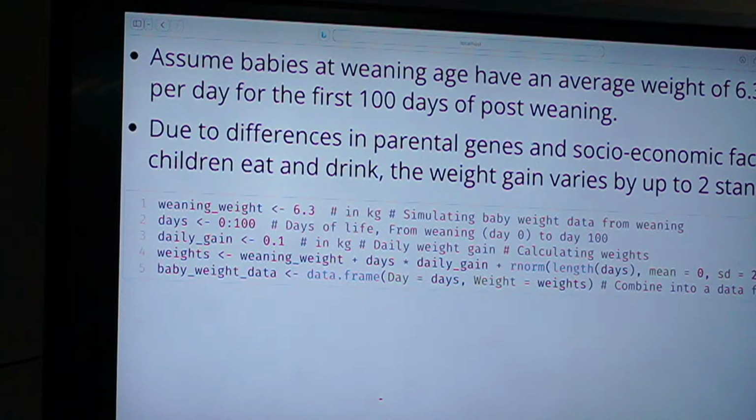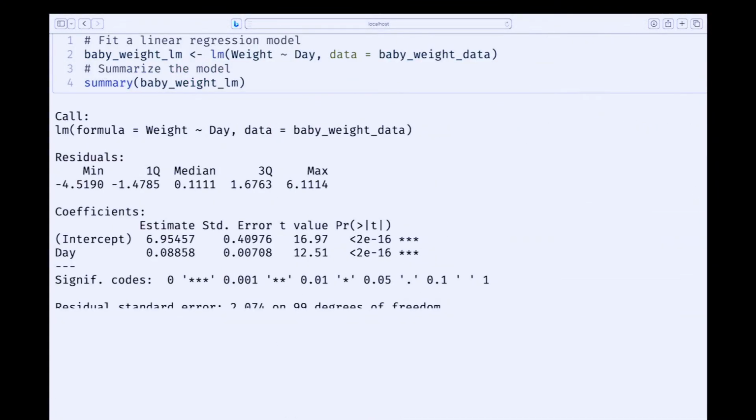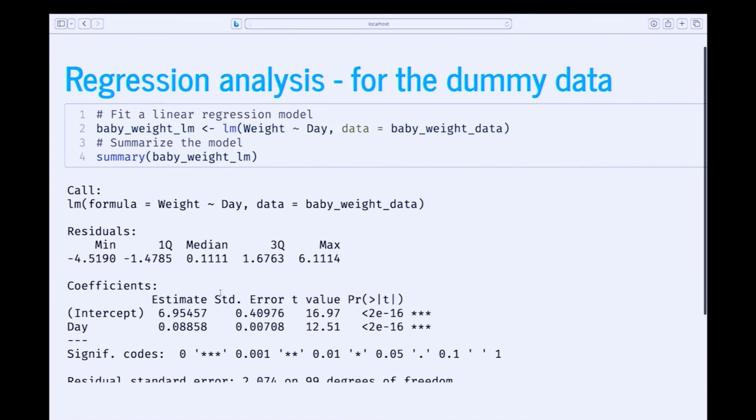So in statistical modeling for regression, let's use this example right here, using that same dummy data. We are creating an object, which is a regression object called baby weight LM, whatever name you give it.